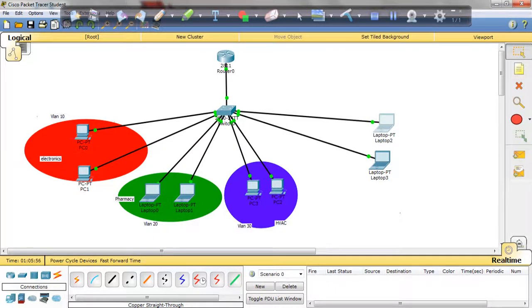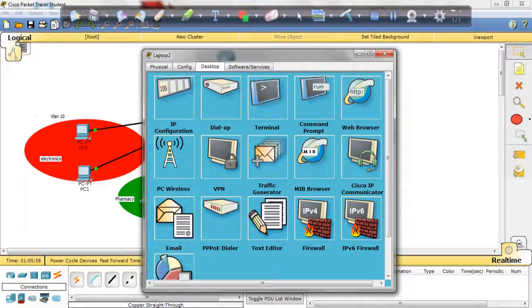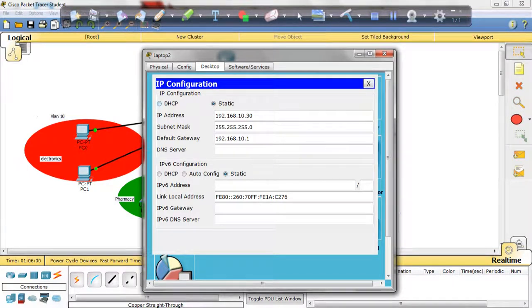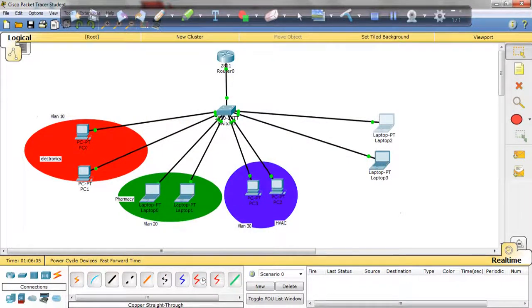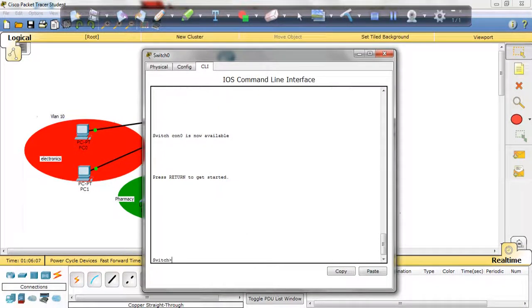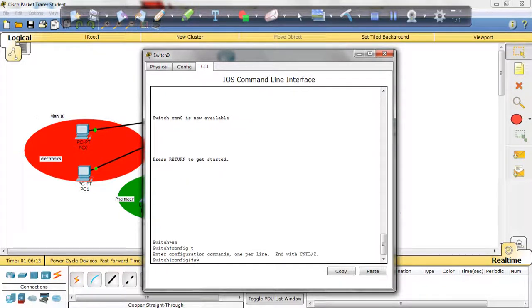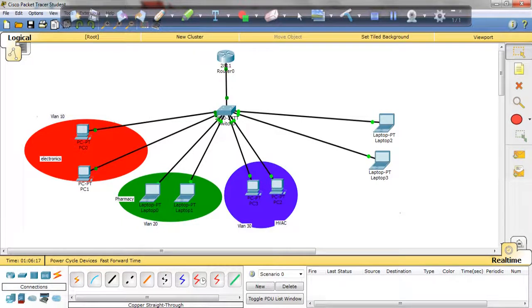So let's look at these two over here. They're not assigned to any VLAN, so let's go ahead and assign them to a VLAN. So, config, interface. Let's see, what port were they on? We got 8.